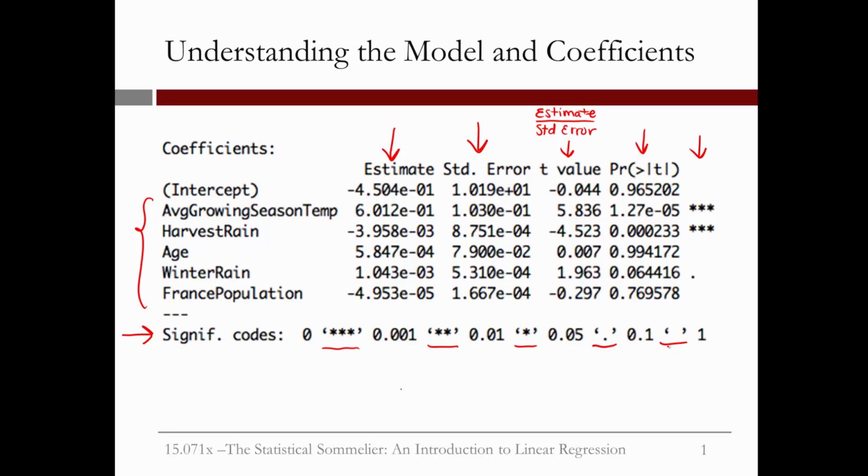Nothing at the end of a row means that the variable is not significant in the model. If we look at the stars at the end of each row in this coefficients table, we can see that age and France population are both insignificant in our model. Let's now switch to R and see if we can improve our linear regression model.